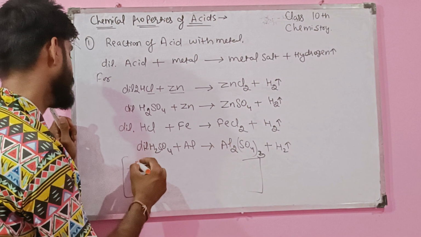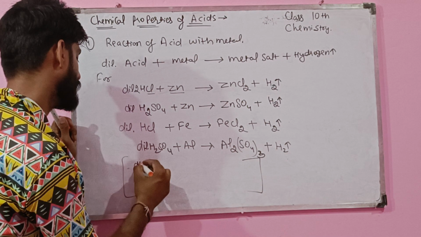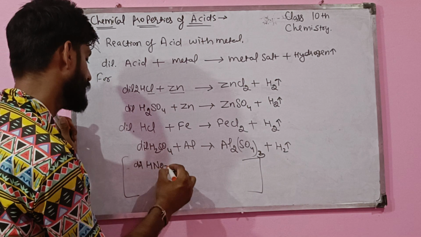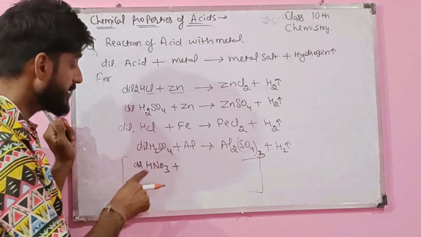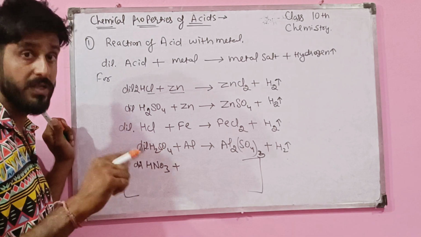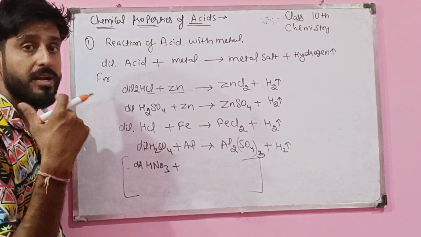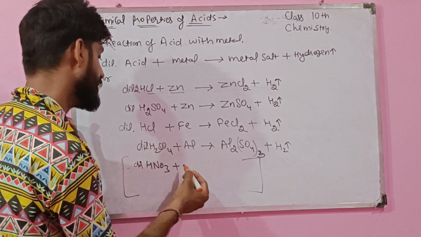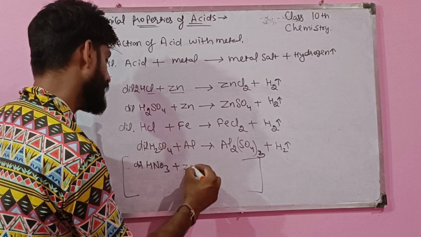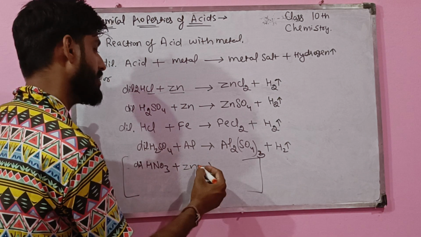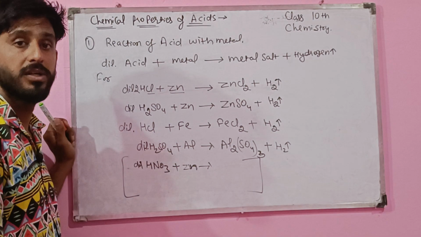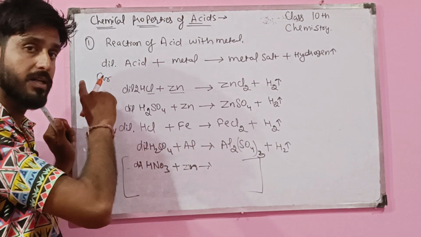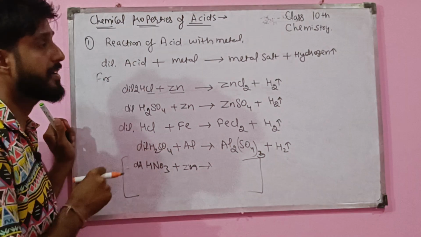If we take nitric acid in place of these acids, then the reaction proceeds in a different manner. If we take zinc here, then hydrogen gas is not liberated in this reaction, which we studied earlier in the previous chapter, metals and non-metals.